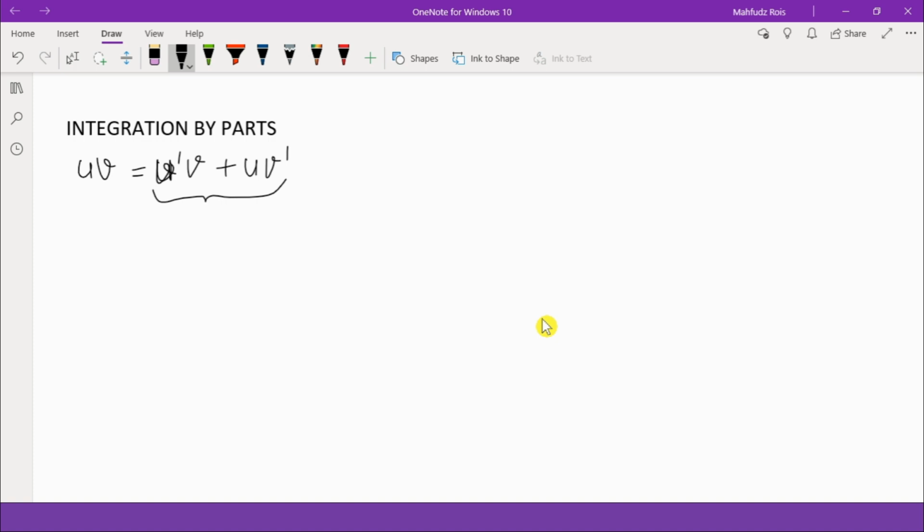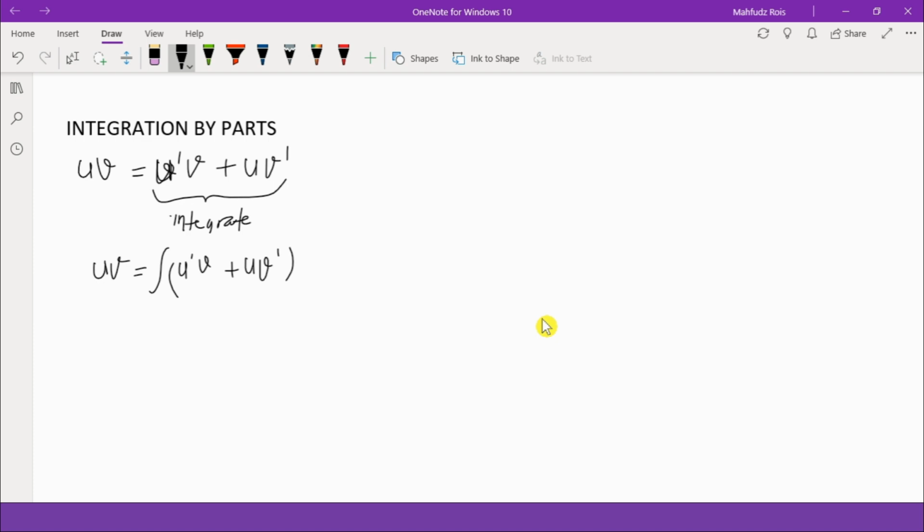So suppose you want to integrate this, it will be u prime v plus u v prime. Now, the result of this integration should be uv.